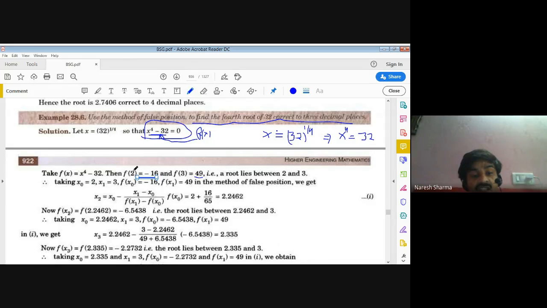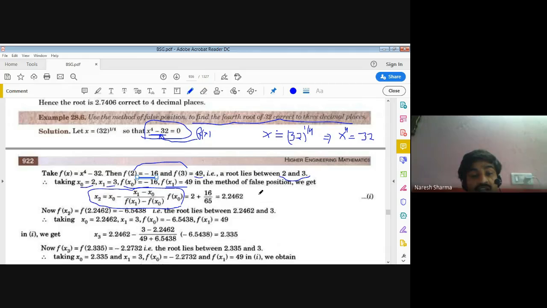So you see here the function has opposite sign at 2 and 3. So the root lies between 2 and 3. So we assume 2 as x0, 3 as x1. The corresponding value of the function at x0 is minus 16 and at x1 is 49. So just put these values in your formula of the regula falsi method.